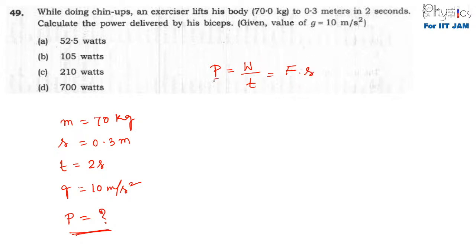Okay, power is work done by time. Now work done is force multiplied by distance. Now what is force? Here force is gravitational force, which is equal to mg. So P is m times g times s divided by t.